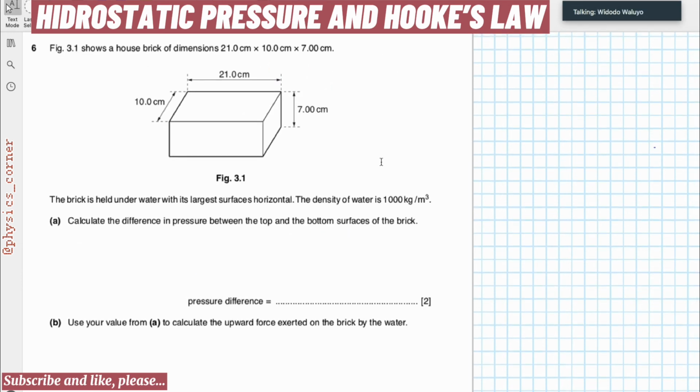We check question 6 here. This is about pressure and force and also about density. Question 6, figure 3.1 shows a house brick with dimensions 21.0 centimeter times 10.0 centimeter times 7.0 centimeter.